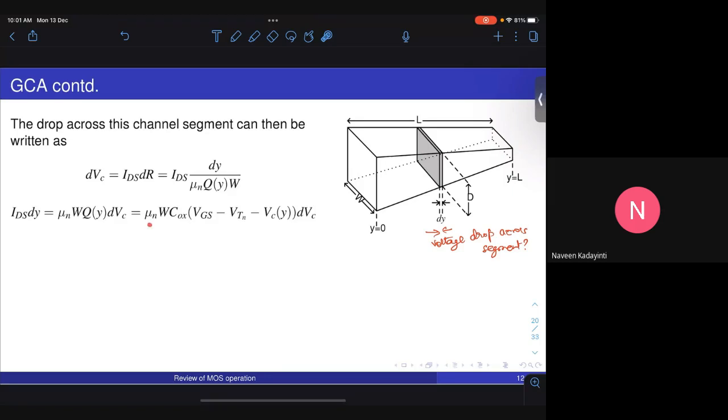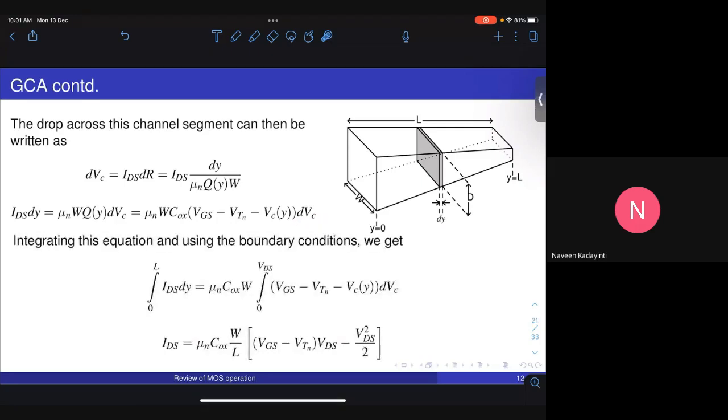So this will be mu n into W into Cox into Vgs minus Vtn minus Vc of Y, where Vc of Y is the potential of the channel at that location Y, into dVc. So now we have an expression in terms of voltage and current, but the voltage is the voltage across the channel segment. Now if you want to find the total expression in terms of the drain to source voltage, all that we need to do is integrate this expression over the entire channel.